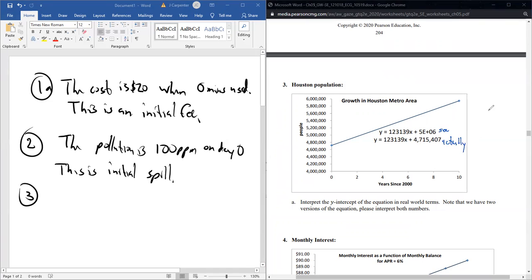So we talked long ago about how Excel sometimes will display a number that's rounded, but it actually holds the actual number in the equation or in the formula or whatever it is it's using in the cell. So it'll display this, which makes you think that it's really just 5 million. But the actual number that is stored inside of Excel is this 4.715407 million.